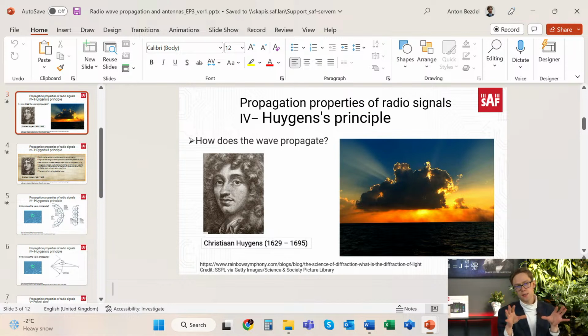So in some cases, this is just a case of classical diffraction. In this case, it is called scattering. But the nature of these two phenomena is very similar and very closely related.